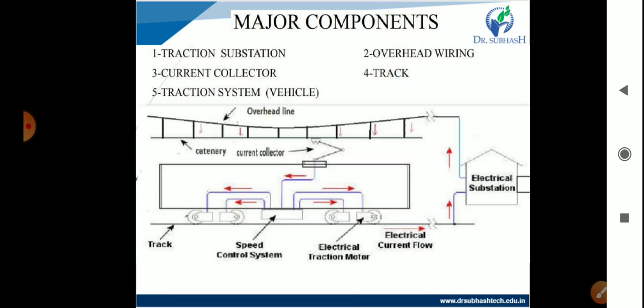So from the electric substation, the supply is given to the overhead line, and from the overhead line to our current collector, then to the speed control system, and from the speed control system to the electric traction motor. The motor gets control from the speed control system and gets the desired speed, so it will run on the track.